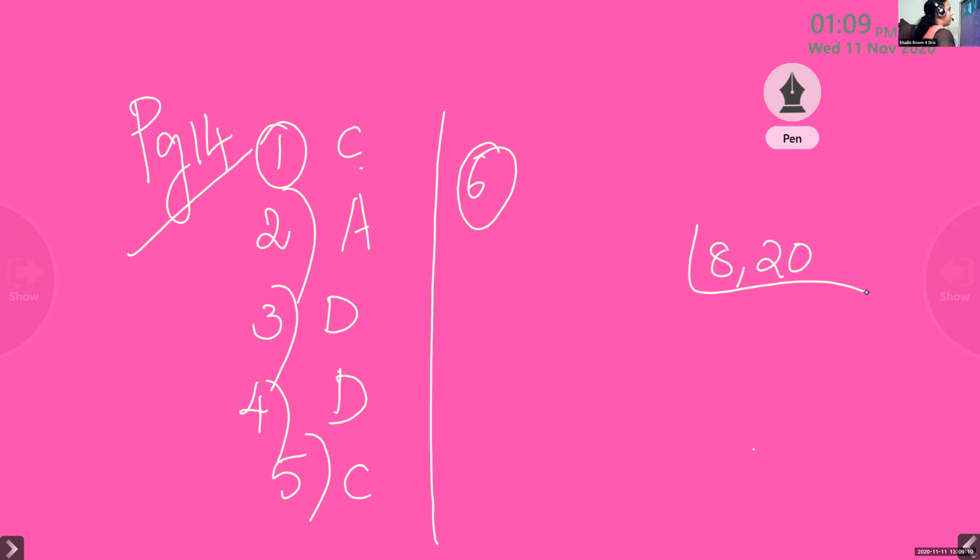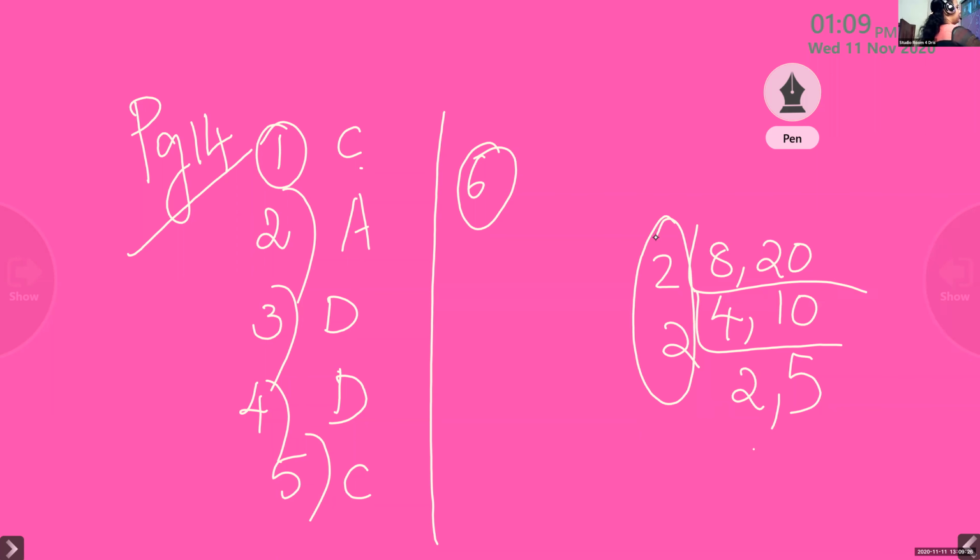Find out the HCF, highest common factor. 2 into 4 is 8. Then here 10. We can divide again by 2. 2 fives are 10. So when you find the HCF, 2 into 2, that is 4. So which is the option? Option A.